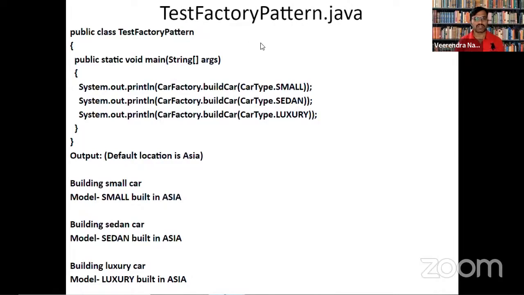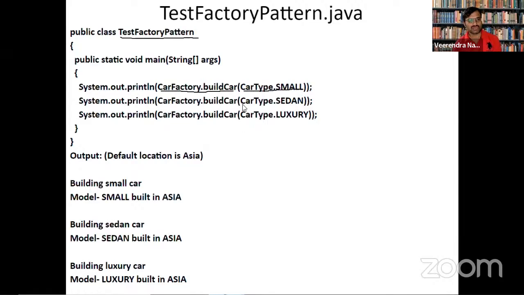So you are going to create a text factory pattern class, and in that you are going to call up the car factory build car type dot small.